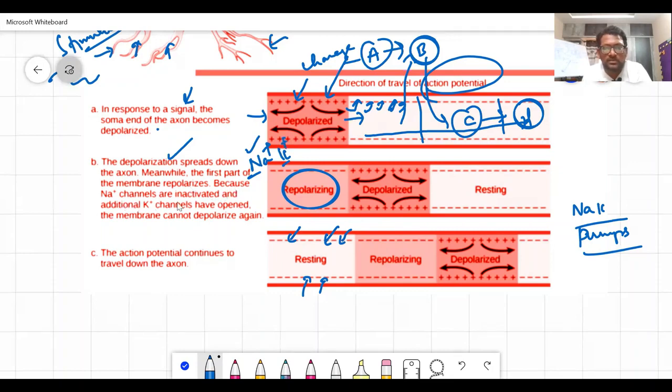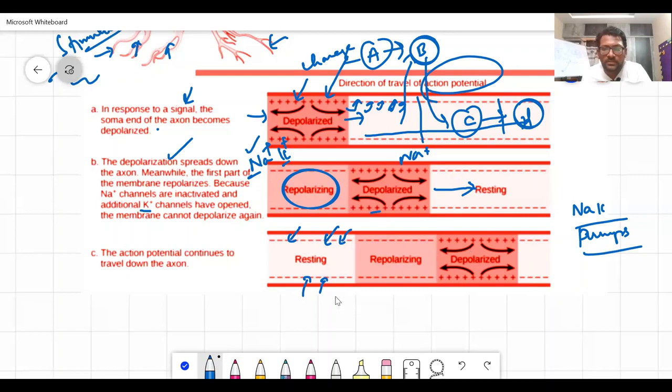Because sodium ion channels are inactivated and additional K plus channels have opened. So depolarization would spread because sodium ions are entering and making it positive, and K plus ion channels will open so that the membrane cannot depolarize again. So it gets repolarized. It means the direction is maintained.